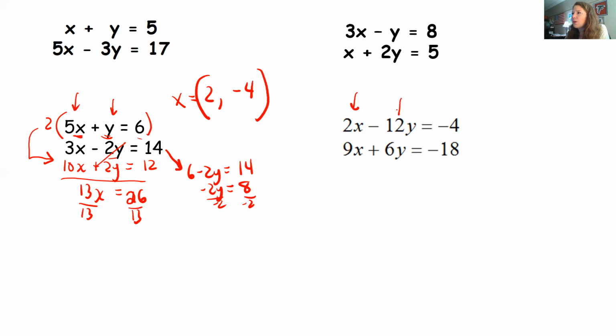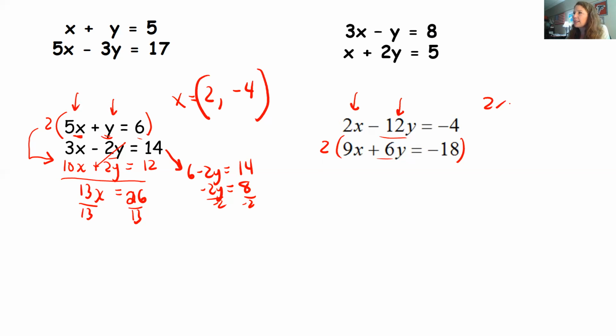All right, I'm looking for opposite signs. Here I have opposite signs right here. So in order to get 6 to turn into a 12, I'm going to multiply by 2. So you're deciding what you need to multiply by. You're deciding what will be quick to eliminate, and then you decide what number is going to take to eliminate either your x or your y value.